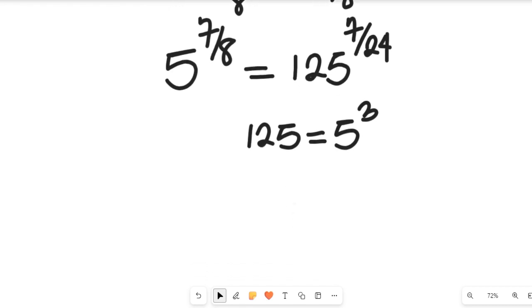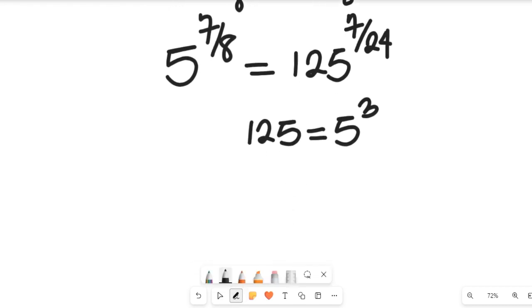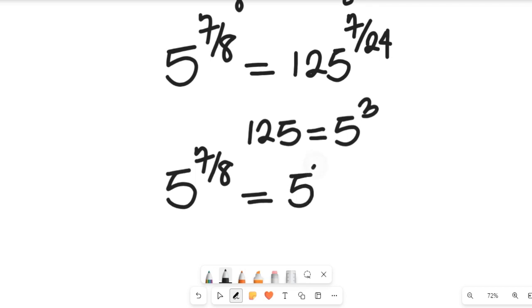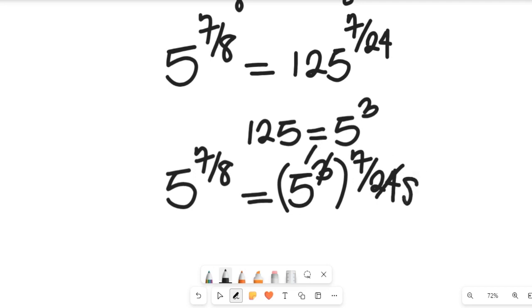So if we apply that in that expression, we'll have 5 to the power of 7 divided by 8, which is the value we've gotten on our left hand side, equal to 5 to the power of 3 multiplied by 7 divided by 24.